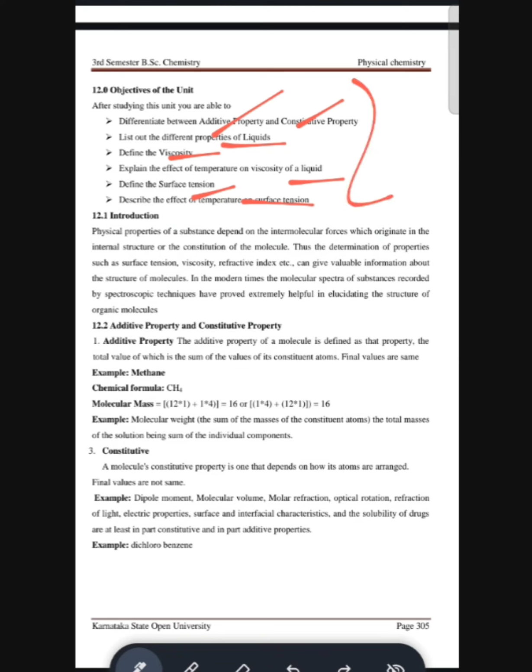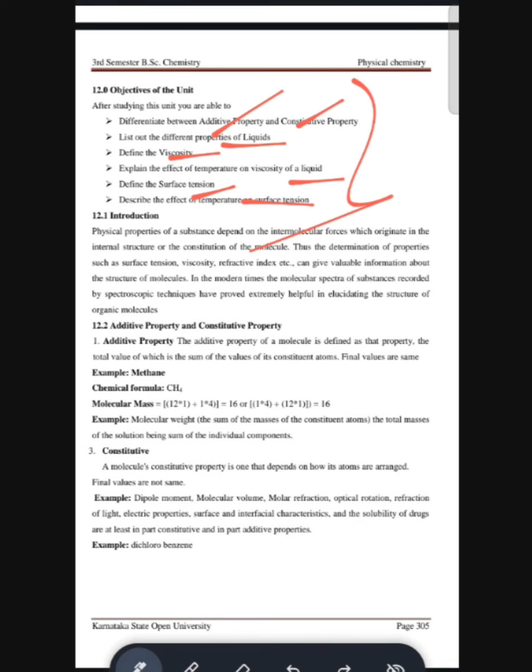These are the important topics in this unit. So physical properties of a substance depend on intermolecular force which originates in the internal structure or constituents of the molecules. So it is mainly related to the molecular structure.